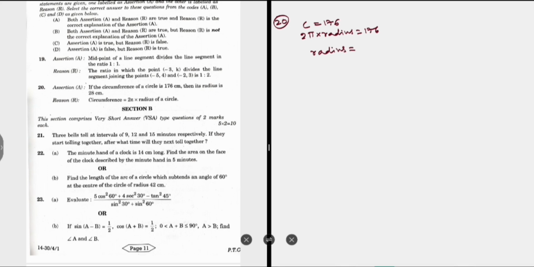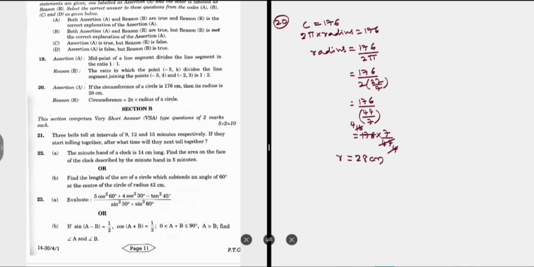So radius is equal to 176 by 2 pi, that is 176 by 2 into 22 by 7, that is 176 into 7 by 44. So radius is 4 into 7, 28 centimeters.